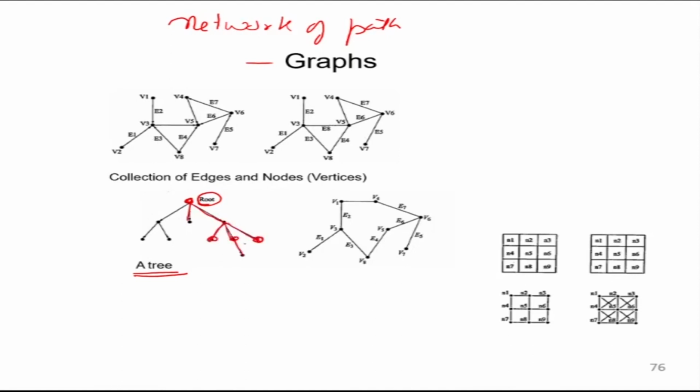Each of these is a node, and this is an edge. You can also have a graph which is not tree type, but a collection of edges and nodes like this, and these are edges. So these are two types of networks, or graphs, that you can have.